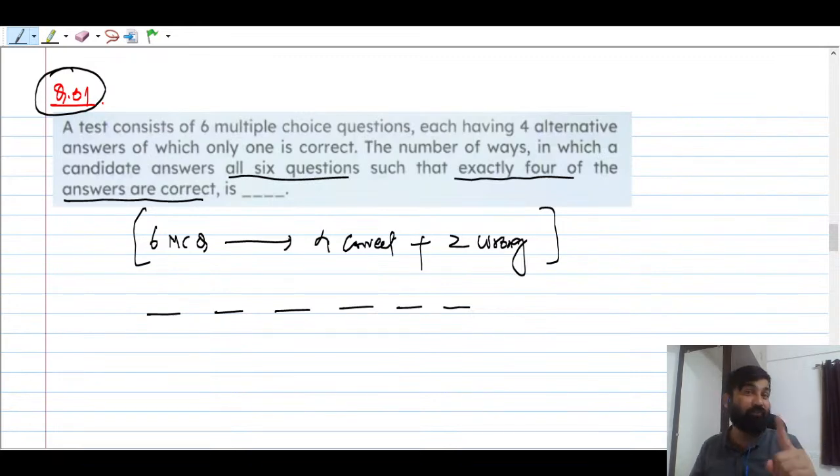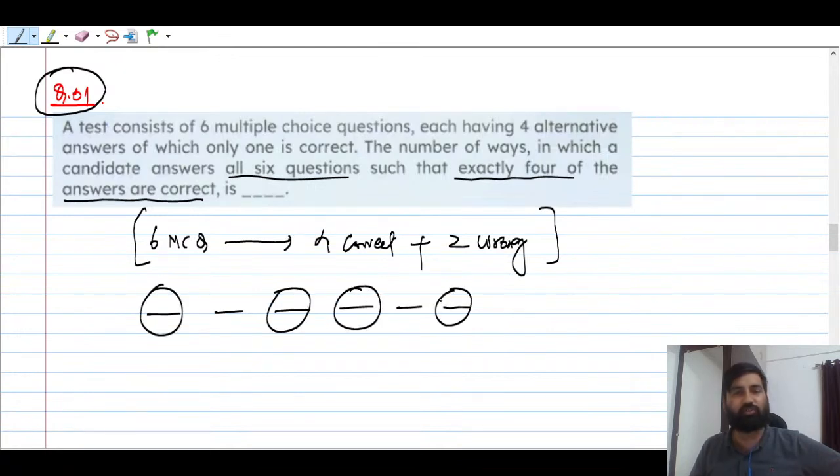Only one way is there that a question can be correct. So we can choose any question, any of these. So 6C4 will be there, and if we have chosen these 4 questions, only one way is there that they can be correct. So only one arrangement for 4 questions.